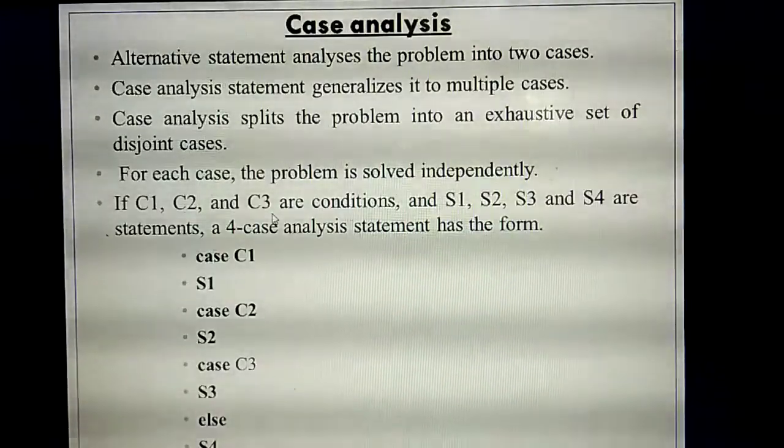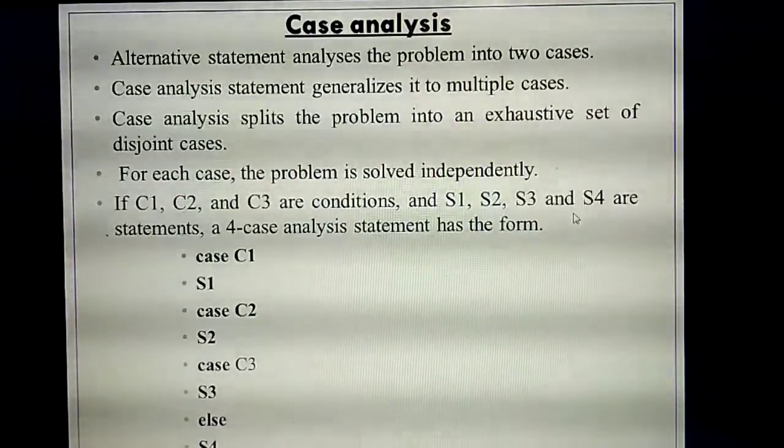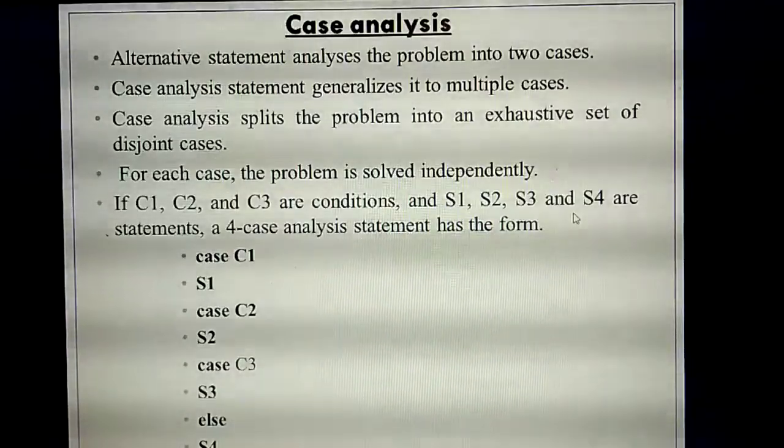Four statements. The statements always need to be represented by a variable, yes. So four statements: S1, S2, S3 and S4. Understand? So here, how many conditions are there? Three conditions. And there will be four statements: S1, S2, S3 and S4.